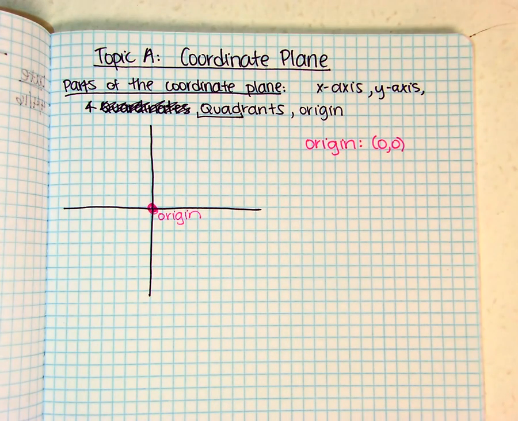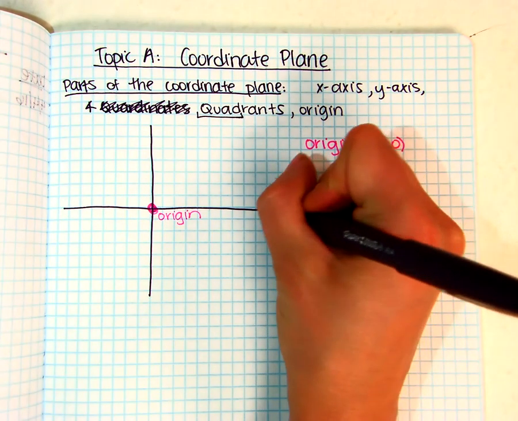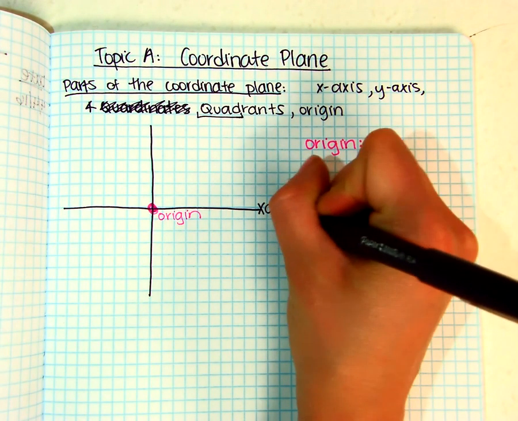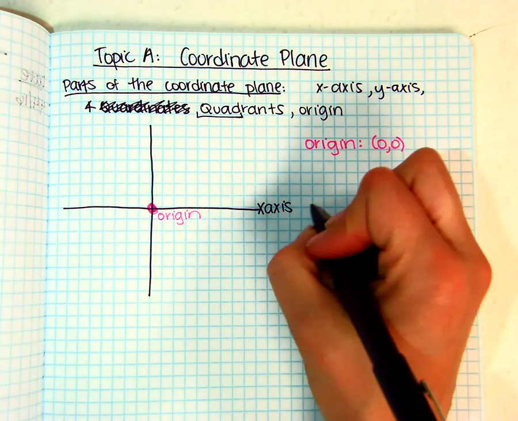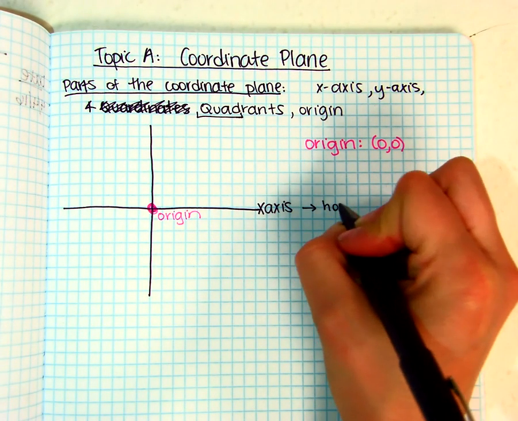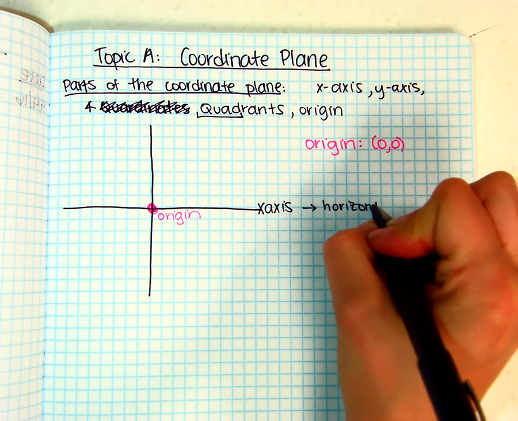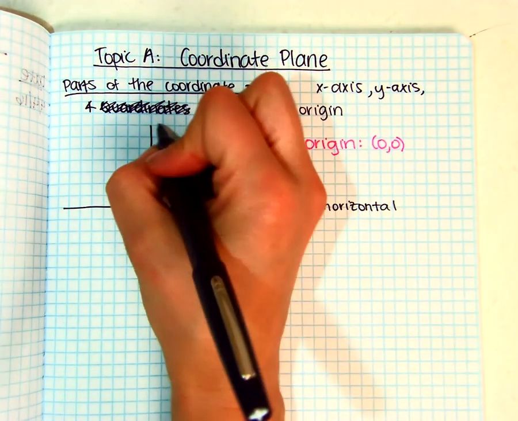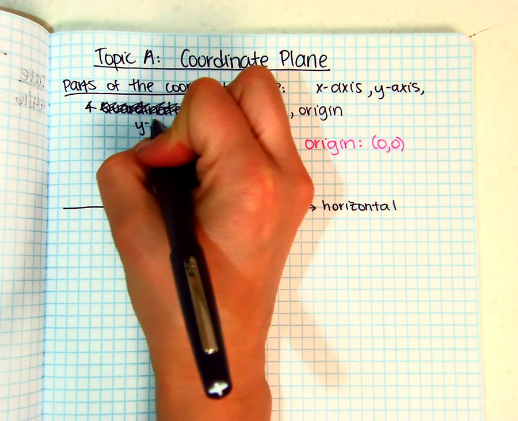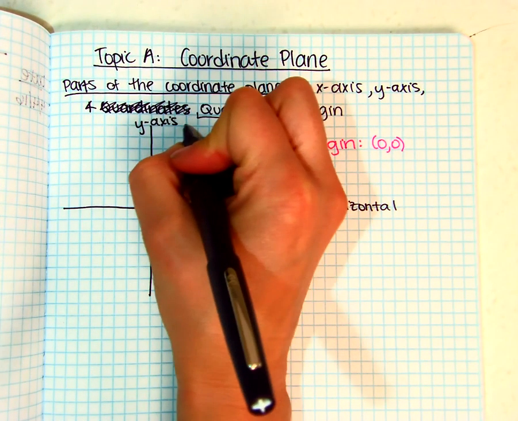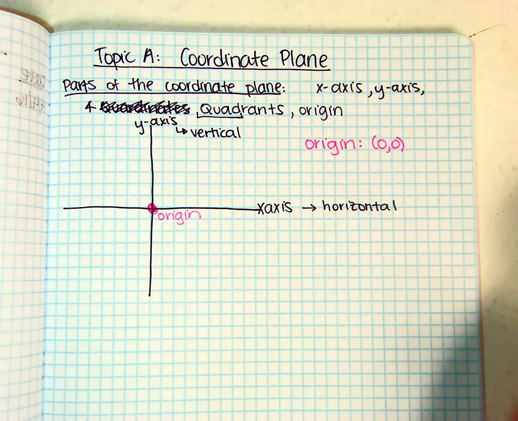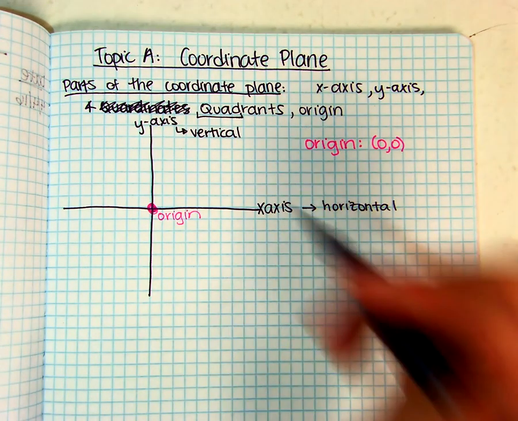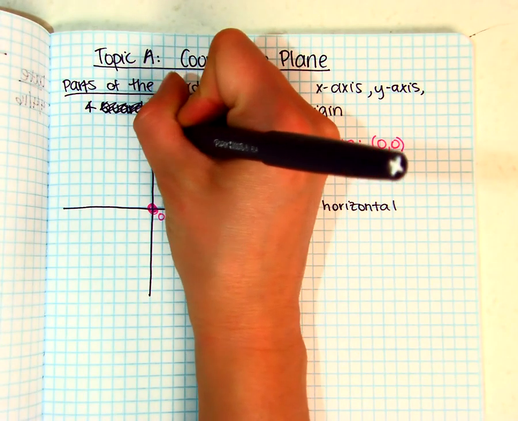The x-axis is the horizontal axis. The y-axis is the vertical axis. A funny way to think of that is you can actually take this and turn this into a giant Y.